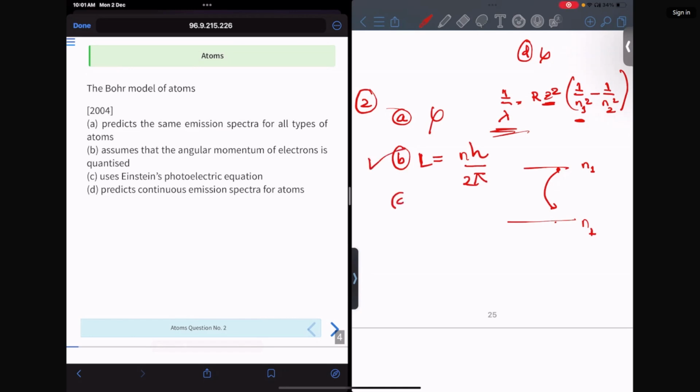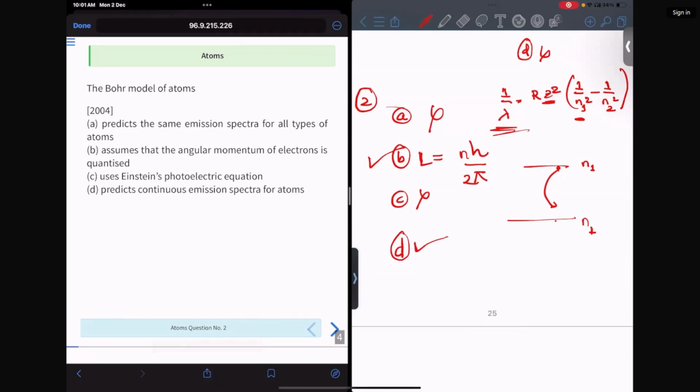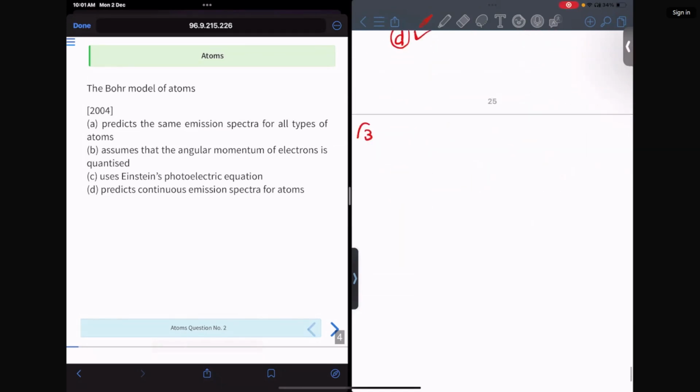Option C, no, it doesn't make any sense. Does it use Einstein's photoelectric equation? No, it does not. Option D says it predicts the continuous emission spectra for atoms. Yeah, it does predict. So this was an easy theoretical question.